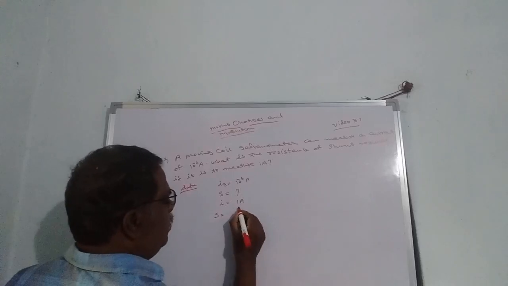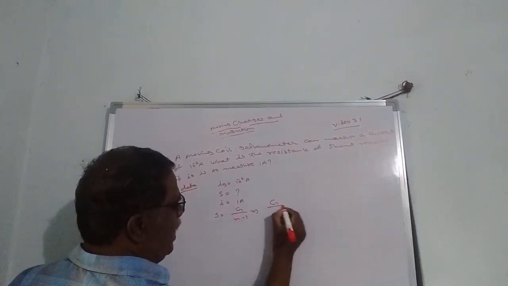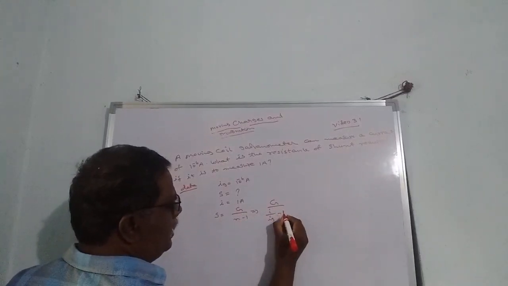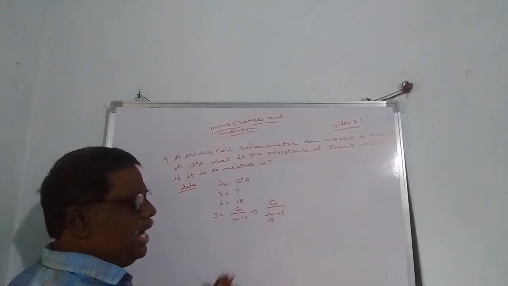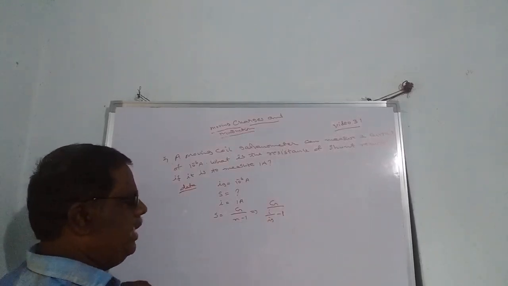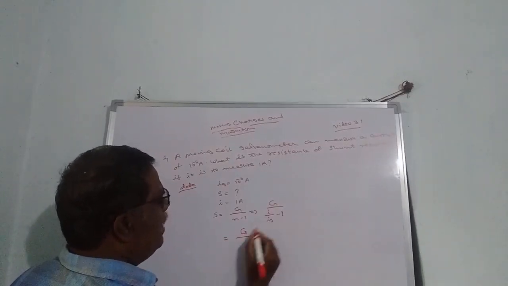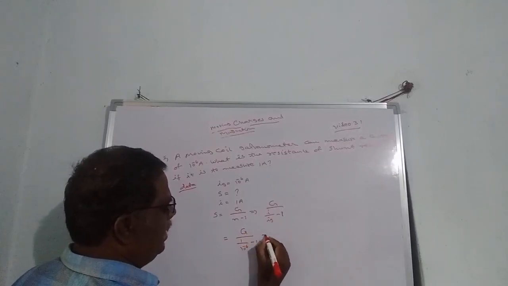So S is equal to G by N minus 1, or G by I by Ig minus 1, because I by Ig is nothing but N, the ratio of total current to current passing through the galvanometer. Here G value is unknown, I value should be 1, Ig value should be 10 power minus 6, minus 1.